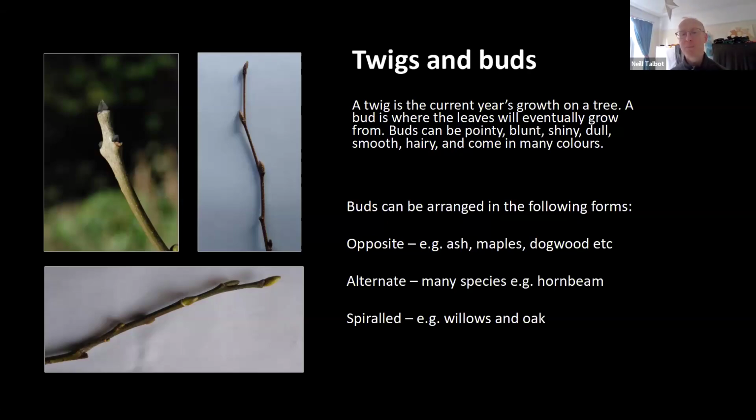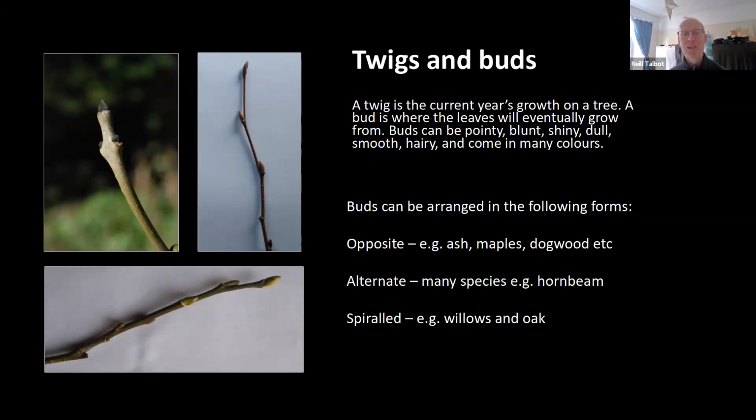Then you've got spiraled, which is very similar to alternate buds, but they spiral around the twig rather than being in line with each other. It's not that easy to tell from these photos, but I think this is a willow.